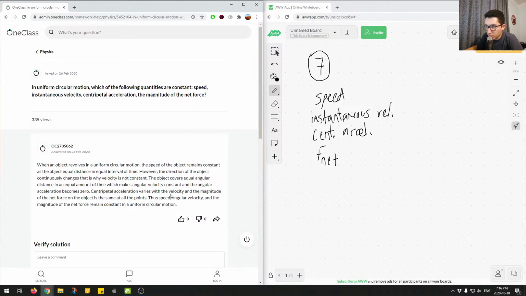Centripetal acceleration varies for the velocity, and the magnitude of the net force on the object is the same at all points. Thus, speed, angular velocity, and the magnitude of the net force remain constant in uniform circular motion. So we're not here really asked about angular velocity, we're asked about instantaneous velocity.